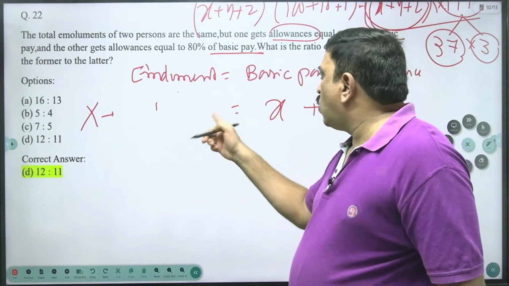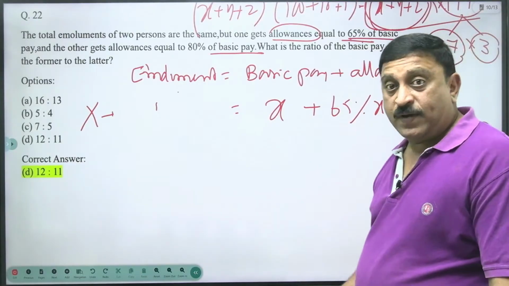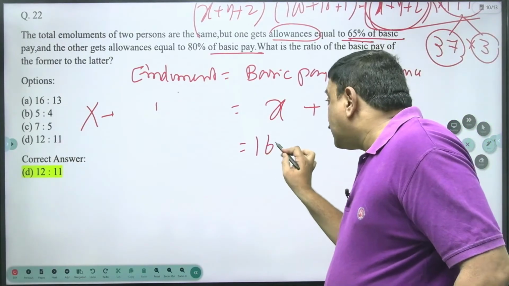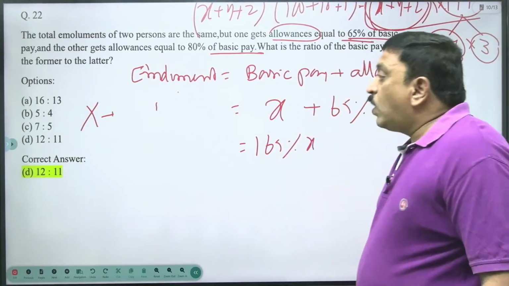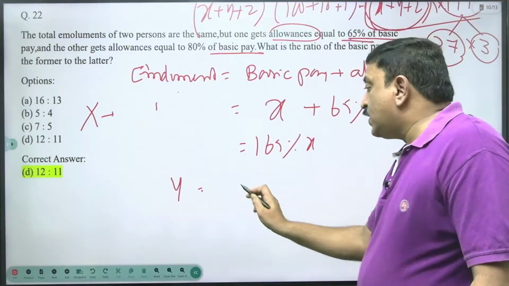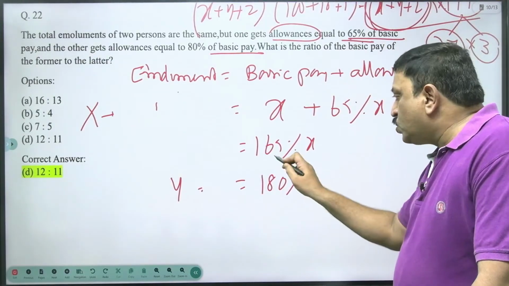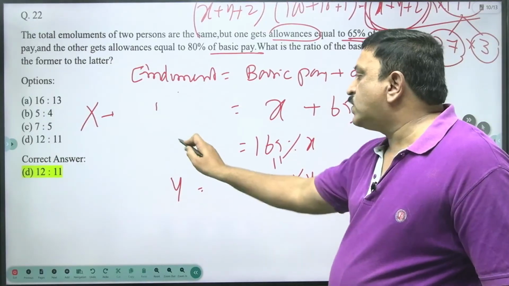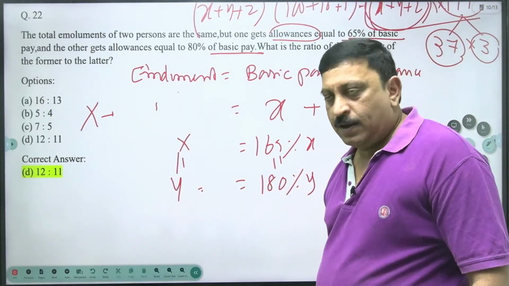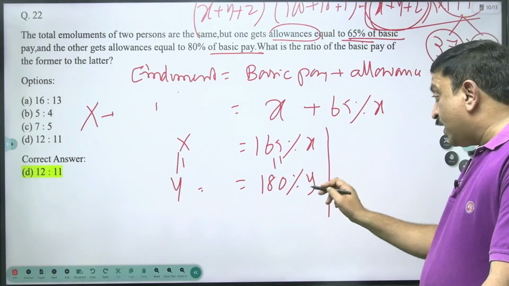So the total emoluments of person x is x plus 65% of x, nothing but 165% of x. For y, with 80%, it should be 180% of y. But these two are saying that they are equal, because emoluments of both are equal. So 165% of x is equal to 180% of y.